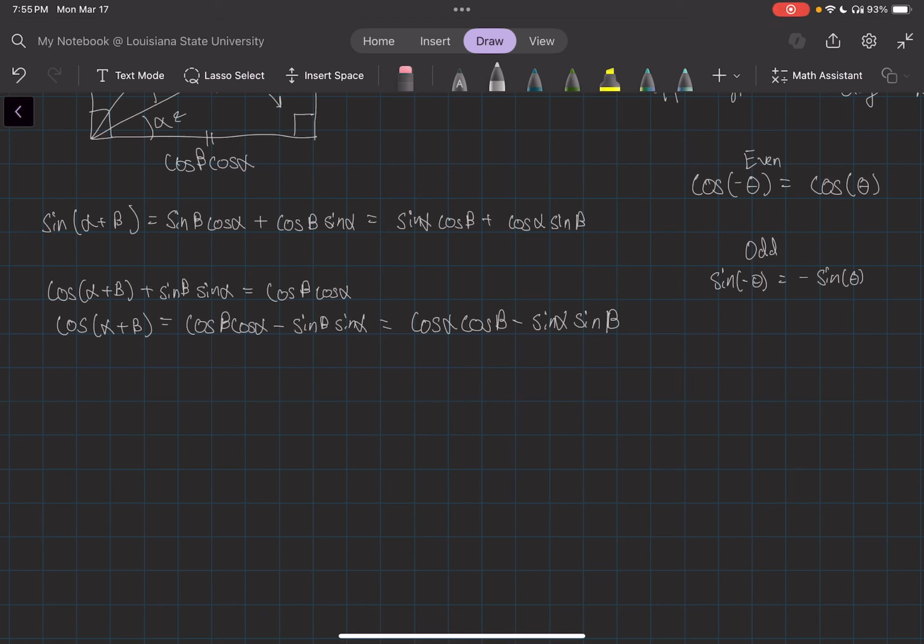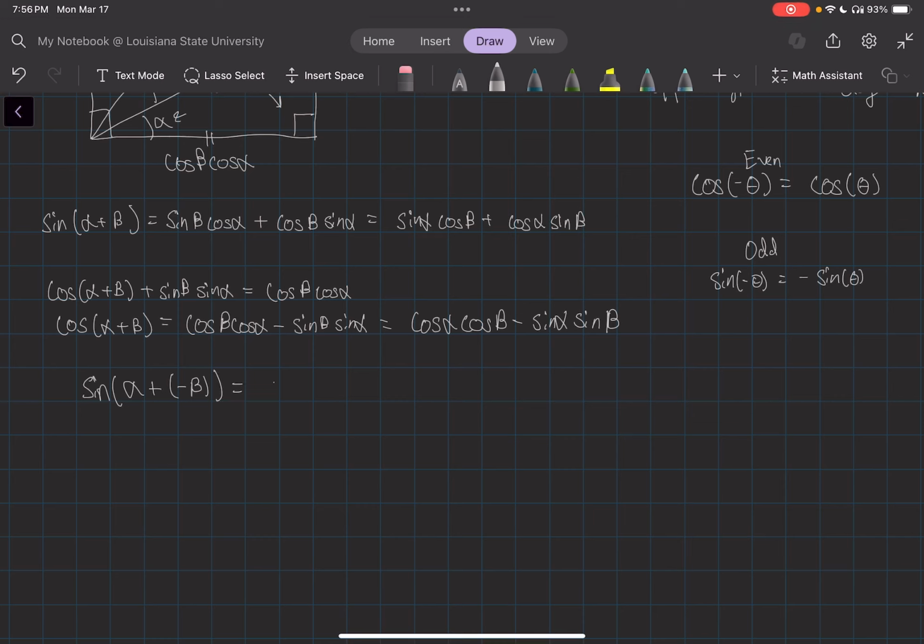And then, for example, if I wanted to start with sine, I'll show you how. So you would say sine of alpha minus negative beta, or sorry, plus negative beta.